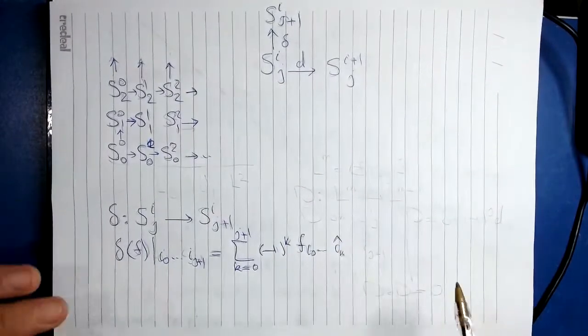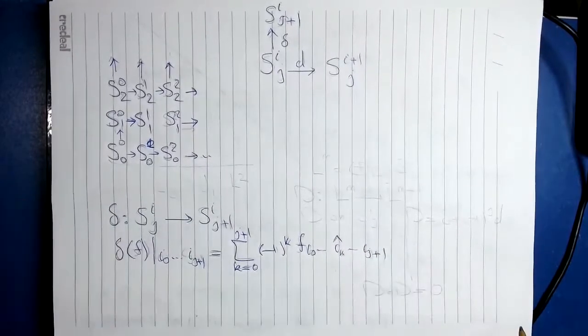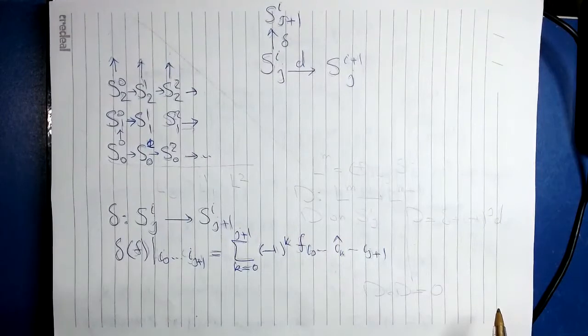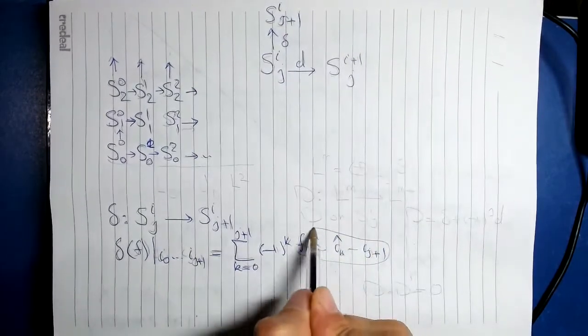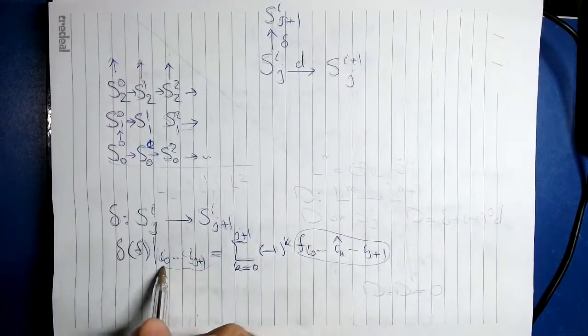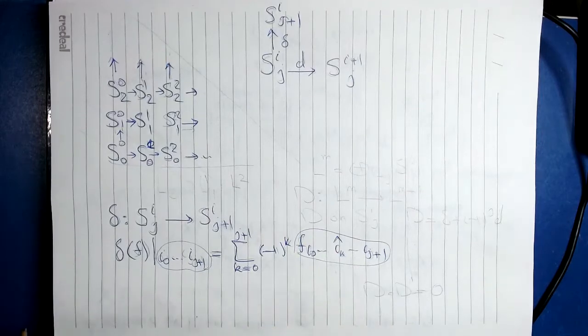We just remove i_k, and then i_{j+1}. And this is the definition of the delta. And here I have to mention that at the end there is a restriction of this to the intersection of j plus 2 open sets.